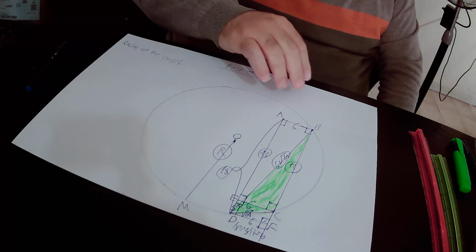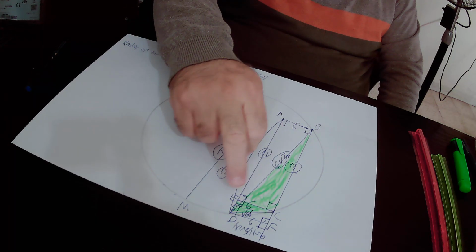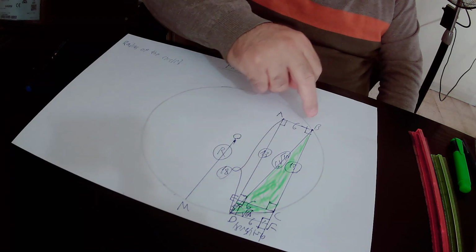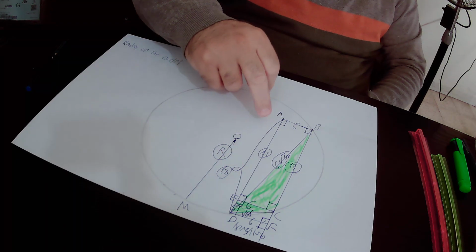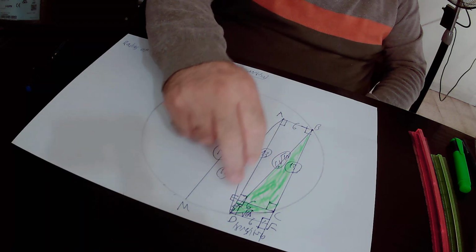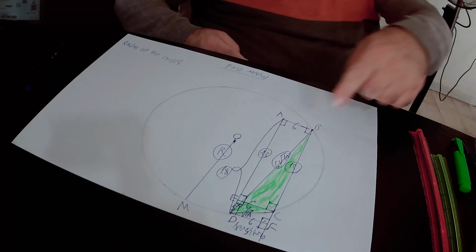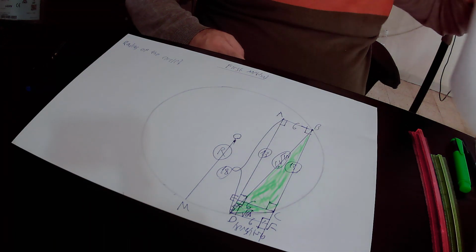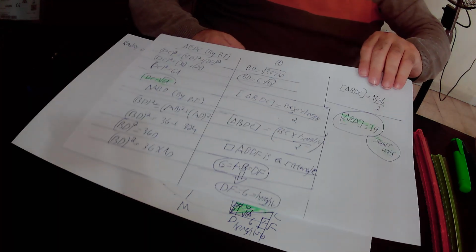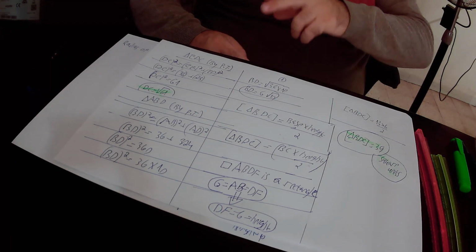In the next step, we join points B and D together by a straight line. By joining points B and D, we created the right triangle ABD. Then we implemented the Pythagoras theorem on the right triangle ABD.